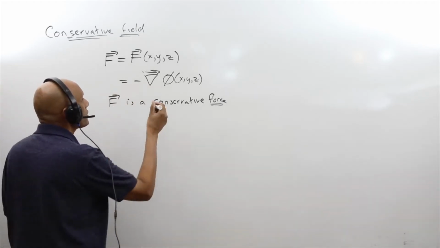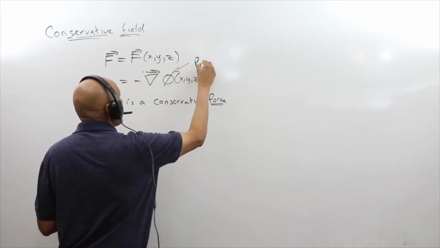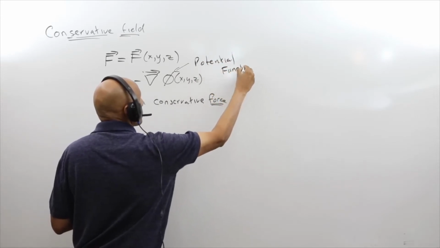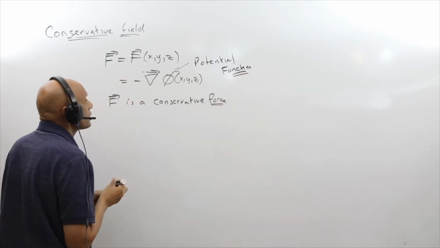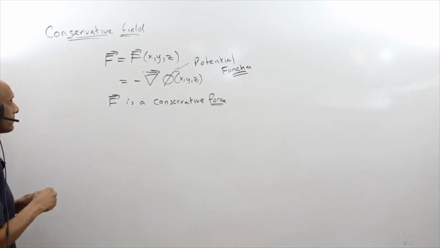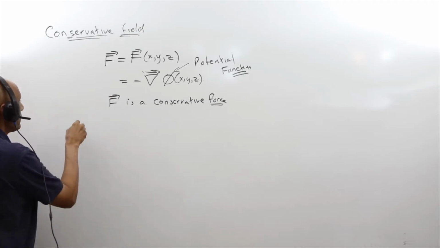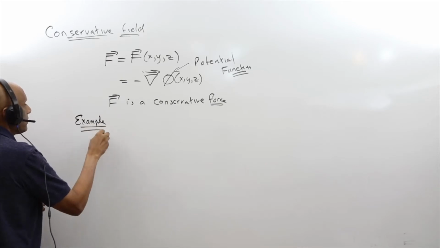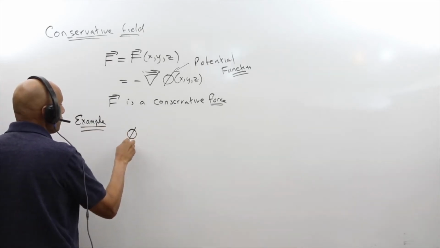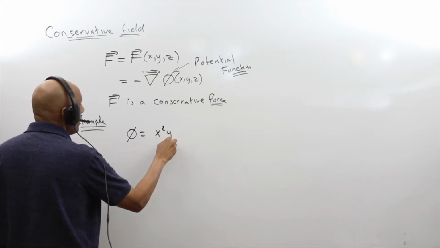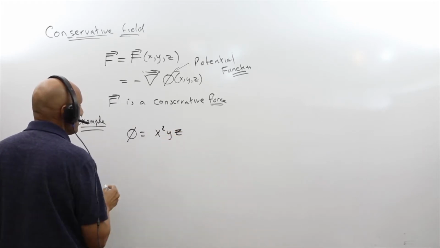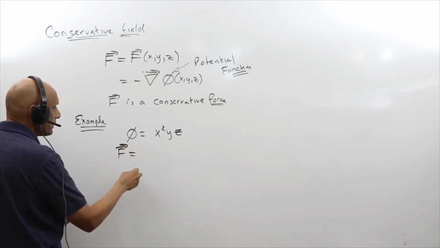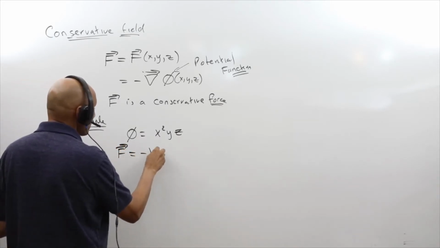This is called the potential function, or the potential energy if you want. So for example, if phi is equal to x squared y z, and I'm calculating the force field, we're going to calculate it as the gradient of this.